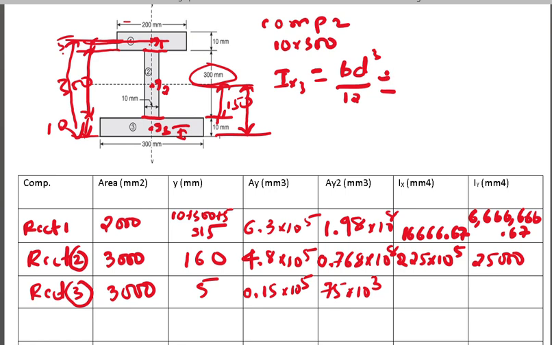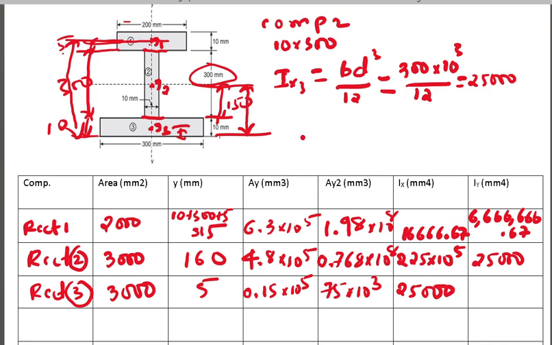The width of component 3 is 300 and its depth is 10. So bd cube divided by 12, its value will be 25,000. Write down 25,000 here.